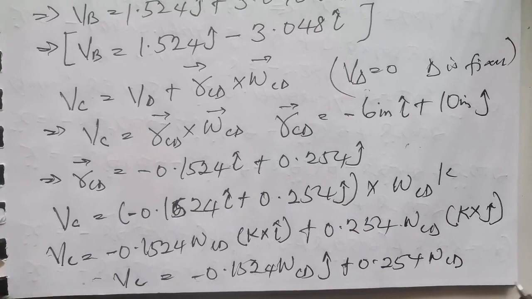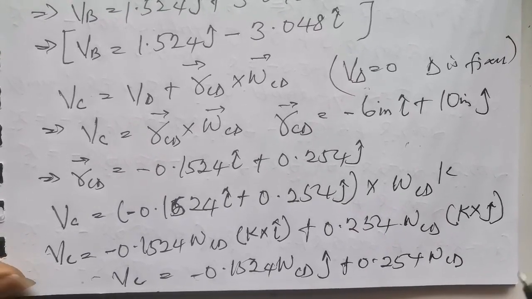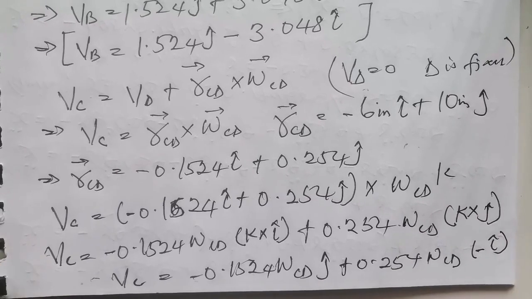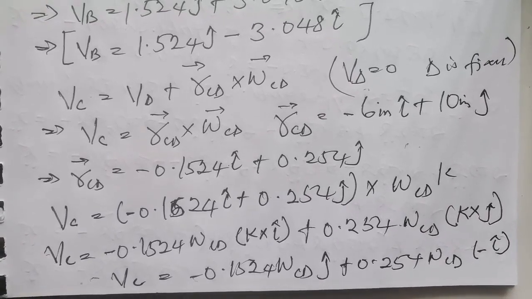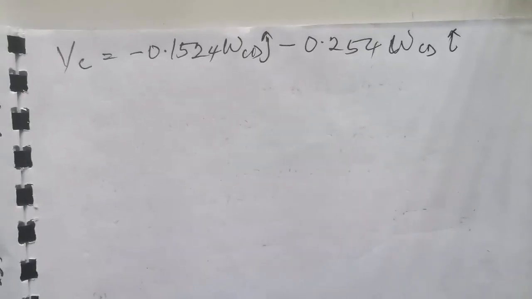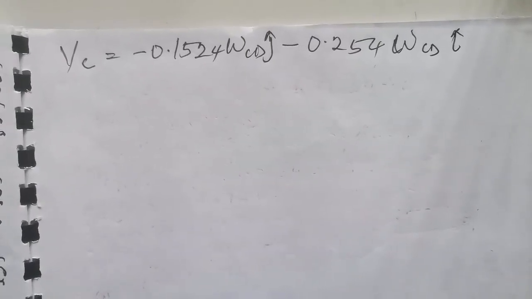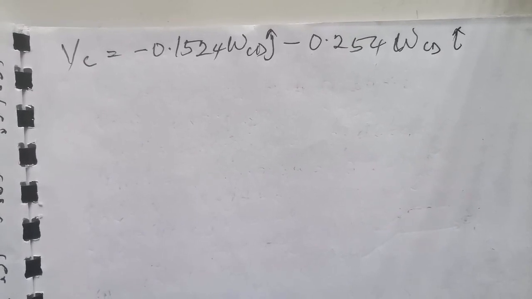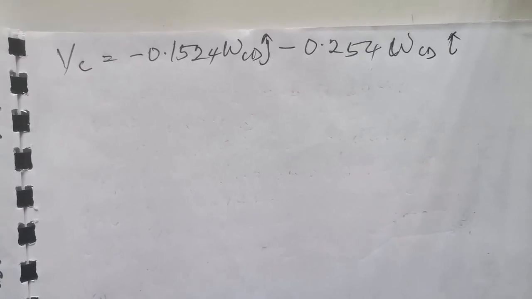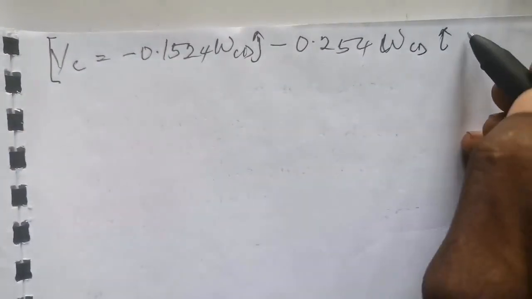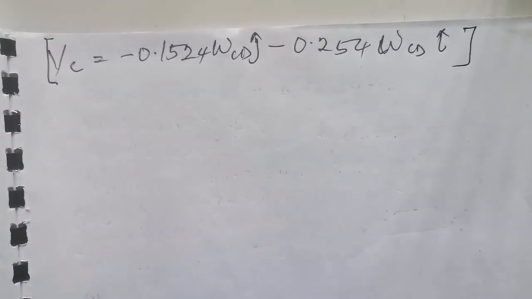Then we'll have K cross J. K cross J simply gives us negative I. So multiply negative I. So let's effect all of this. Alright, so upon evaluation, we simply have negative 0.1524 omega CD in the J direction minus 0.254 omega CD in the I direction. So keep this for the velocity of point C.